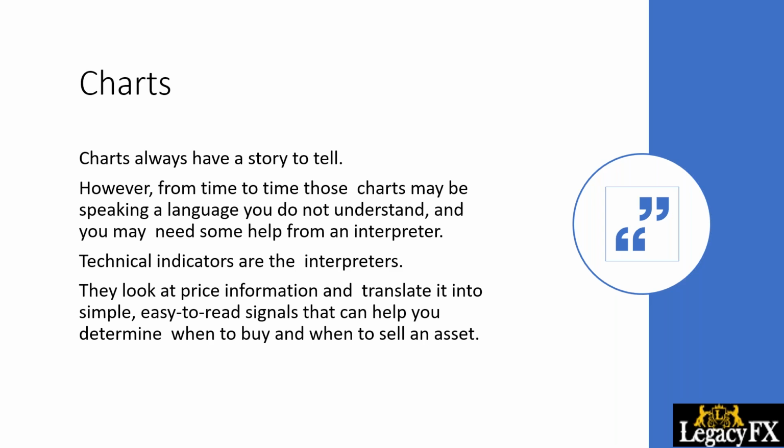They look at price information and translate it into simple, easy to read signals that can help you determine when to buy and when to sell an asset. It'll help you determine what the momentum is, the speed of the movement. It'll help you see if the asset is overbought or oversold.